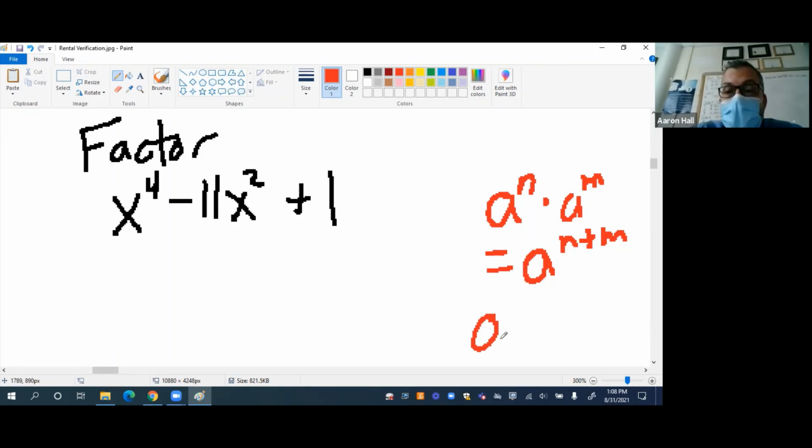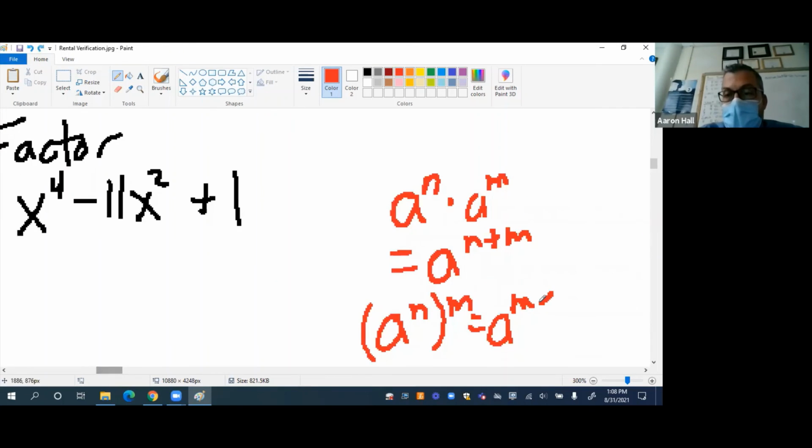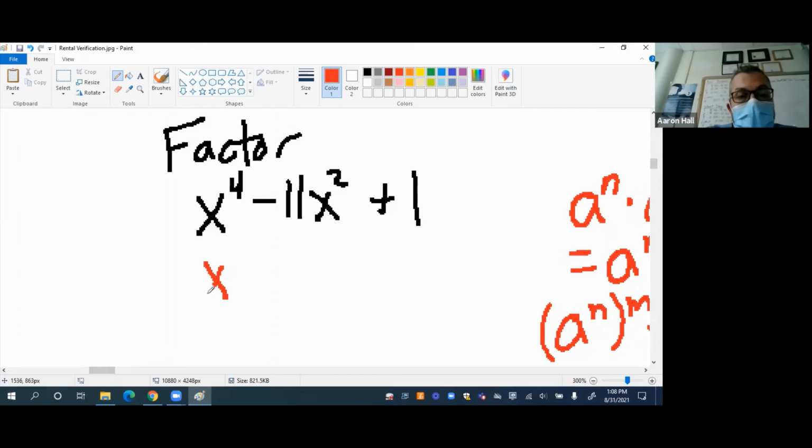What if I have a to the power of n times m? We multiply them, m times n. Yeah, we multiply. So I'm going to rewrite this as x to the power of 2 to the power of 2. If we multiply that, does that bring us back?